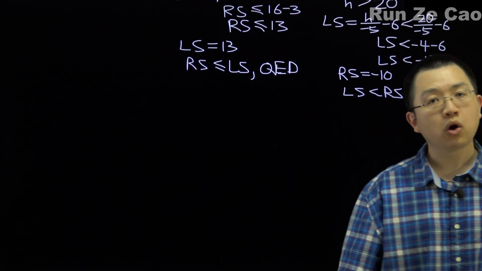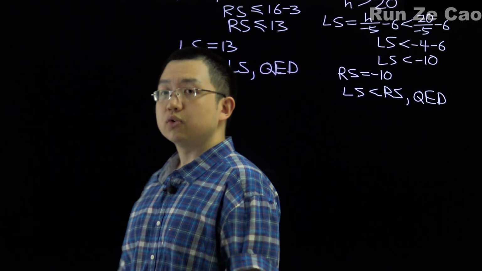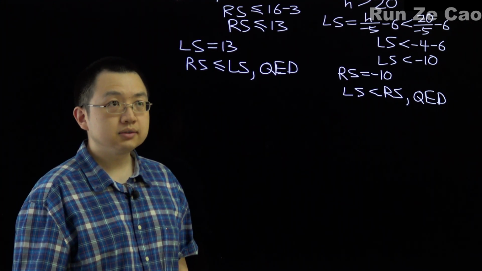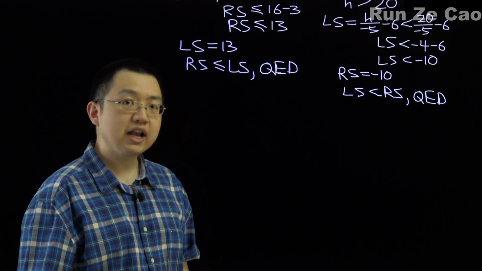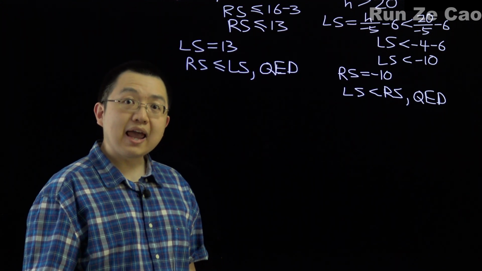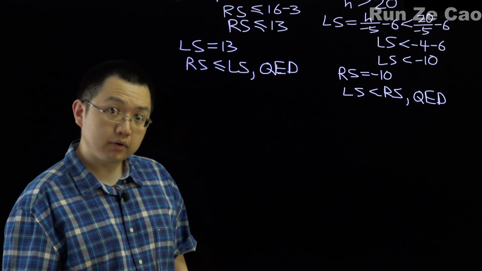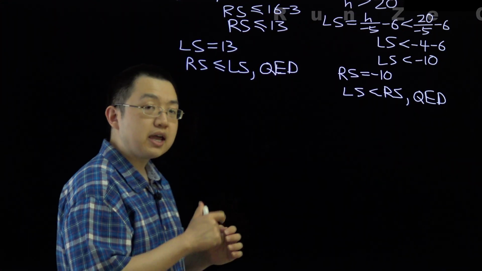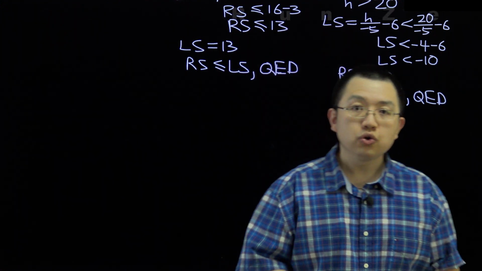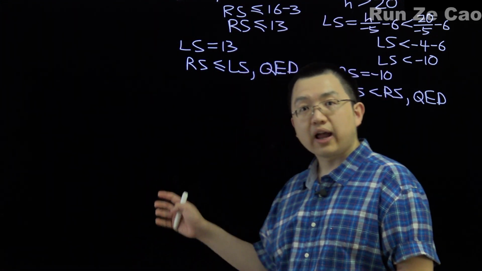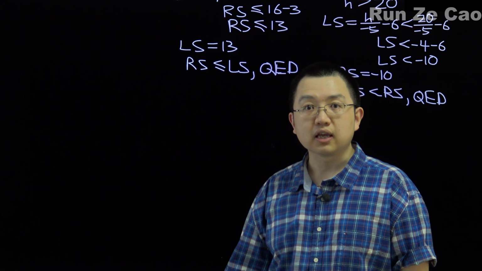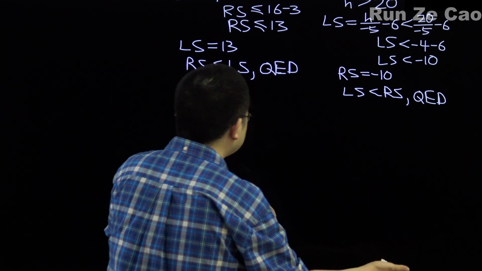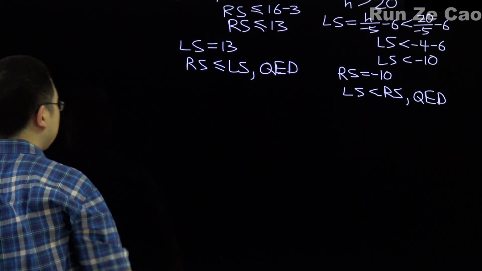Inequalities generally work just like equations when you add or subtract, or when you multiply or divide both sides by a positive number, but when you multiply or divide the sides by a negative number, you have to change the direction of the inequality. This is because you can think of it like flipping over the number line.